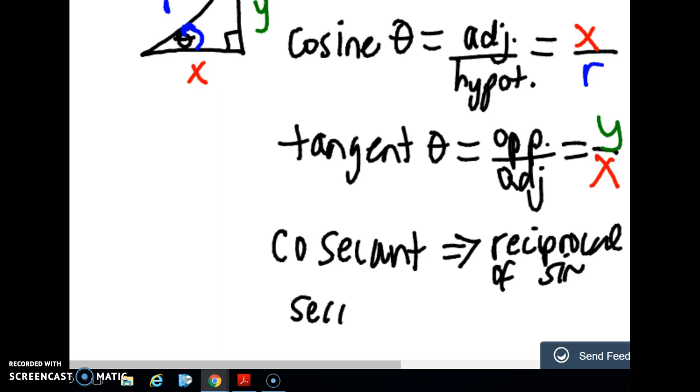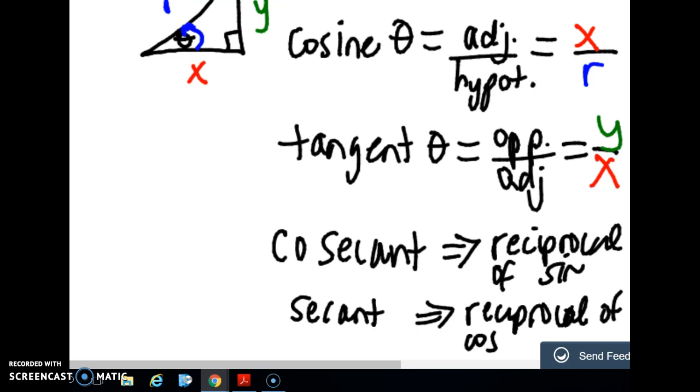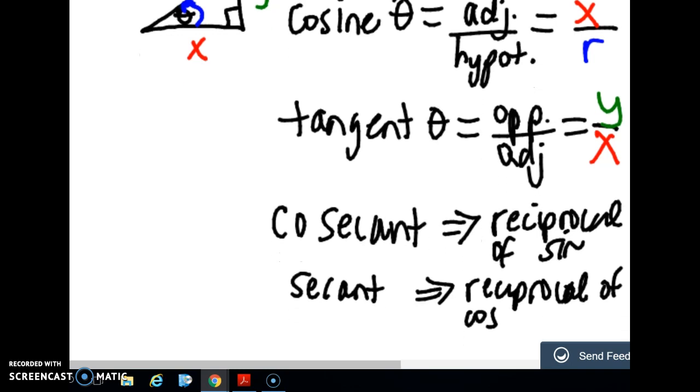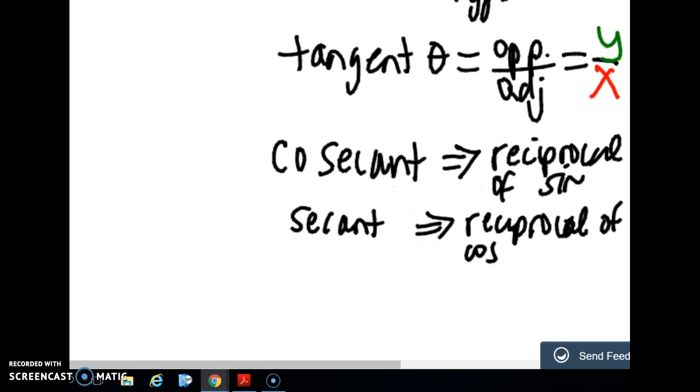Secant is the reciprocal of cosine, and cotangent is the reciprocal of tangent. So you would just take the ratios and flip them upside down, okay?